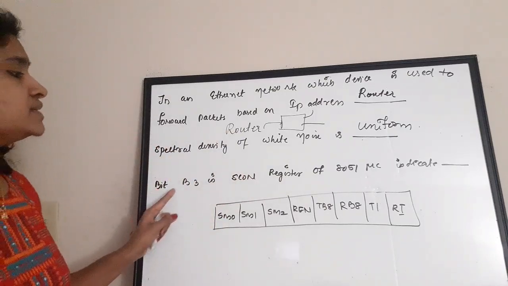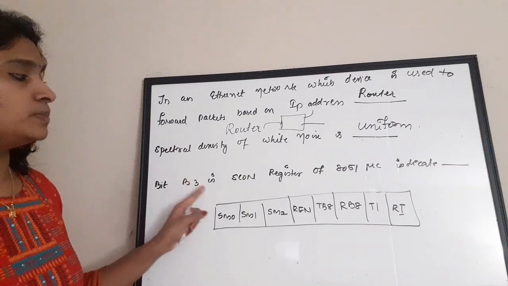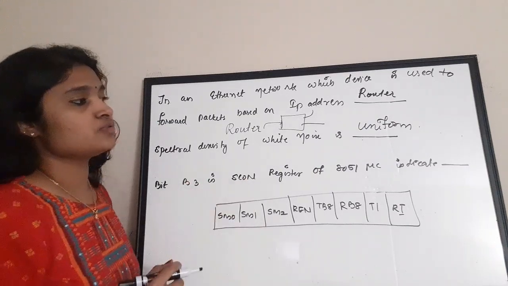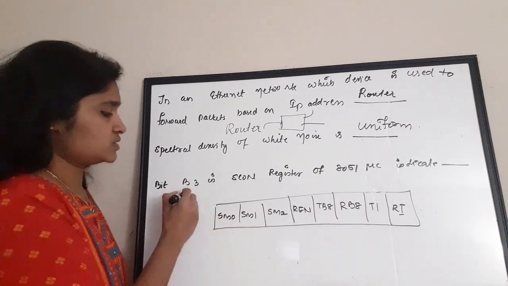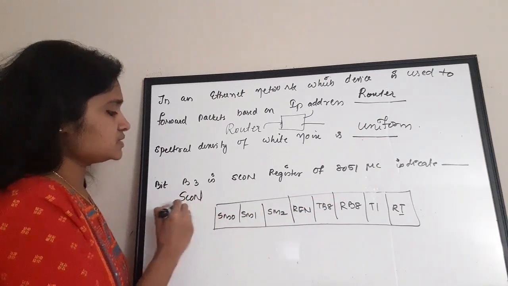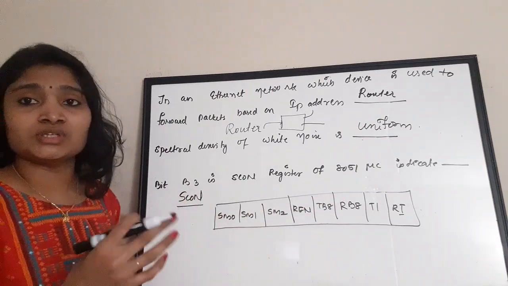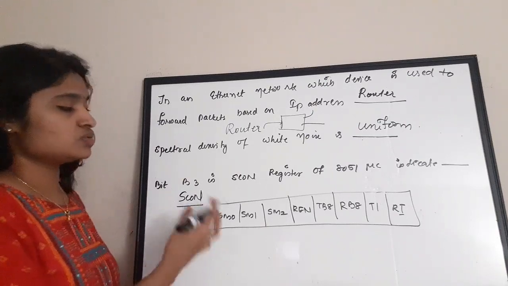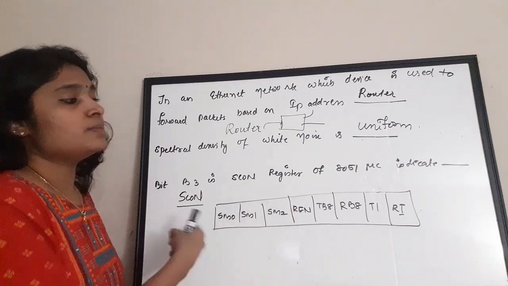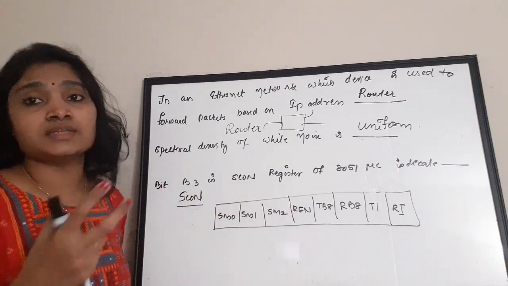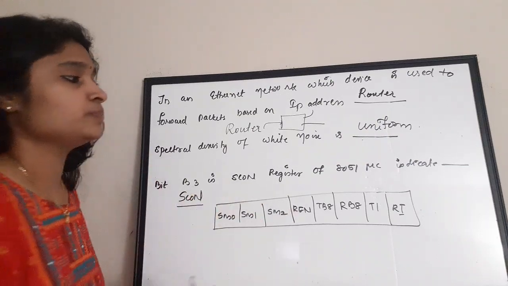Next question, bit B3, that is the third bit of the SCON register of the 8051 microcontroller, indicates dash. I have drawn the SCON register. SCON register is nothing but the serial communication control register, or serial control register. In this SCON register, various bits are assigned to control the serial communication of the 8051.